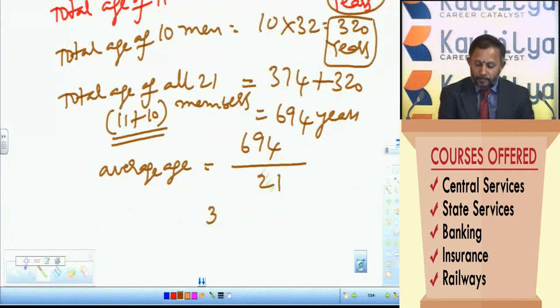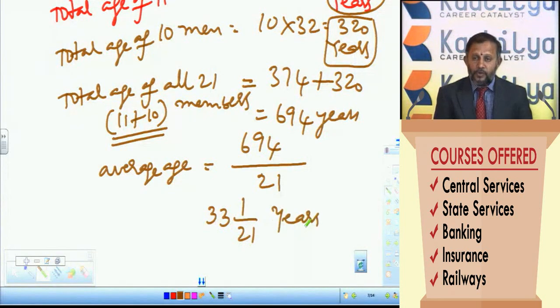So 694 is the total by number of candidates 21. Average formula: total by number of candidates. So 694 by 21. So 21 into 3, 63. We can get 6 as balance. Again 3 times 63, we can get balance 1. So this is the final answer.